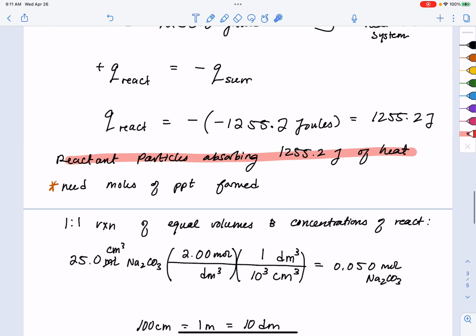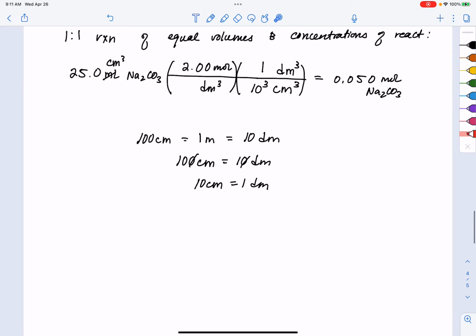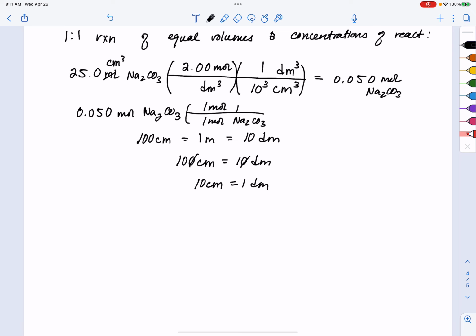You want to do this based off your net ionic equation, so that's a lot clearer. For every one mole of sodium carbonate reacted, I create 1 mole of my product.